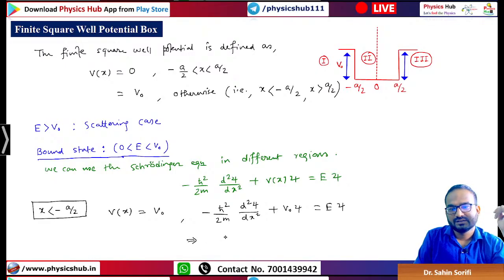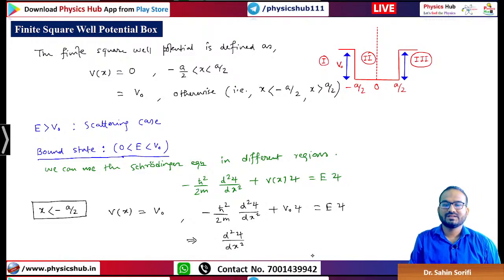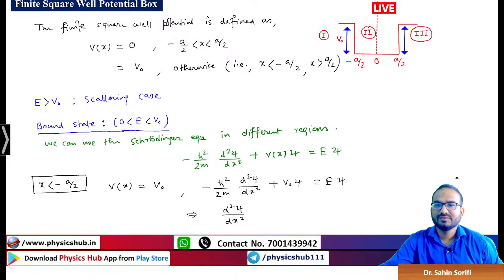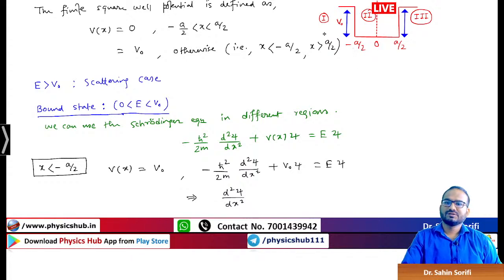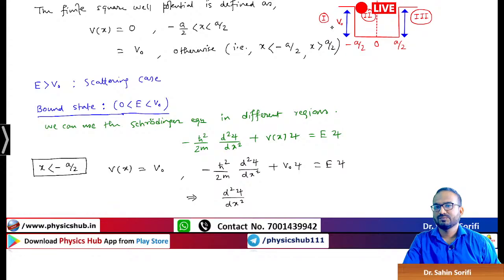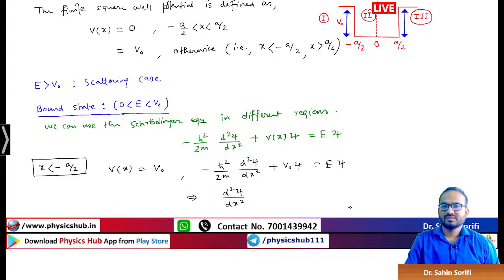So what can we write? We can write d squared psi by dx squared. Now we have to choose in such a way that the k value should be positive. So here, instead of k, we'll be using gamma for this portion. We could have written k1, k2, but for the timing we are writing gamma in place of k.